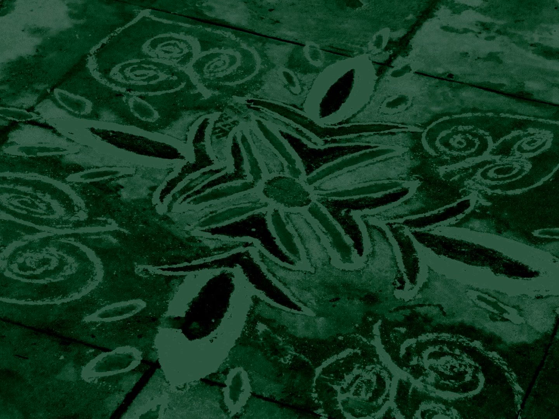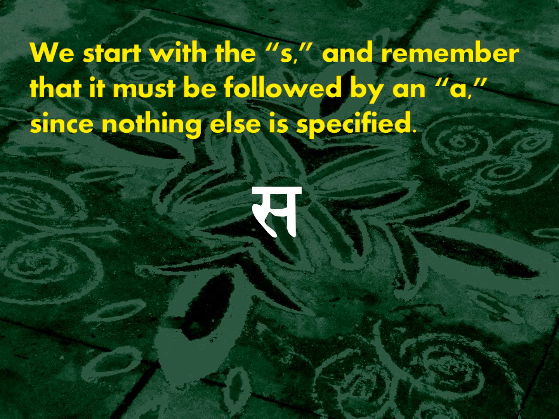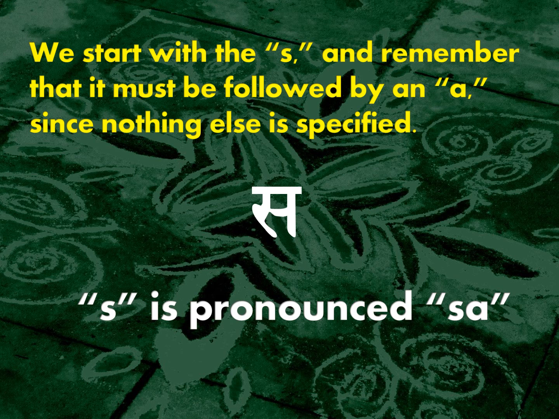We start with the S. The next letter should be the consonant A, so how do we write that? I'm sure you remember that we don't. It's already there. Remember that a consonant without further indication is followed by A. So as soon as we have written the consonant S, we have Sa.